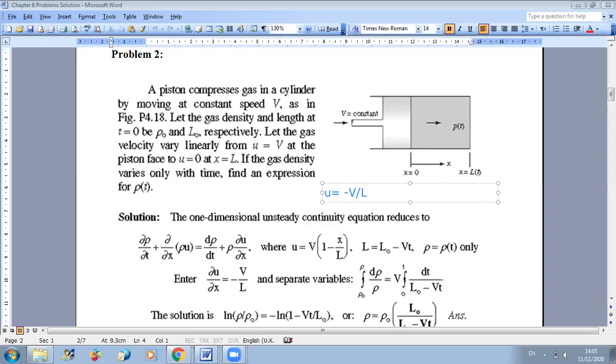times x. Okay, now to find b we use the boundary condition. To find b we say at x equals 0, what is the velocity?